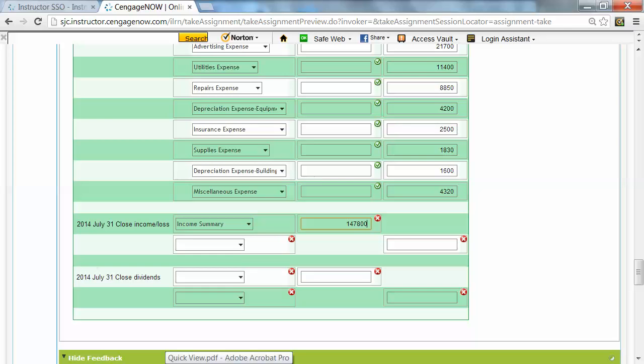I'm going to credit my retained earnings for the same amount, and then finally I'm going to close my dividends, so I'll debit my retained earnings. I believe the dividends were $10,000. Double check. Yes. And I'll credit my dividends account, bringing it to zero.